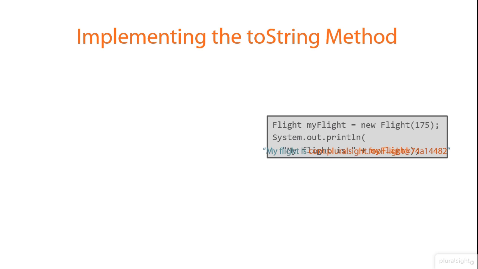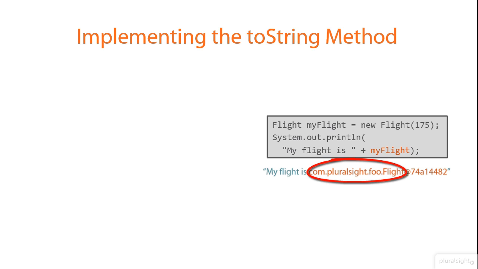And what that will do is give us results that look something like this, where of course we have that literal string "my flight is", but then what we get is the fully qualified class name, including the package that it's in, followed by an @ symbol, followed by whatever value is returned by the hashCode method. So that gives us kind of a unique representation of this instance, but it's not really very helpful.